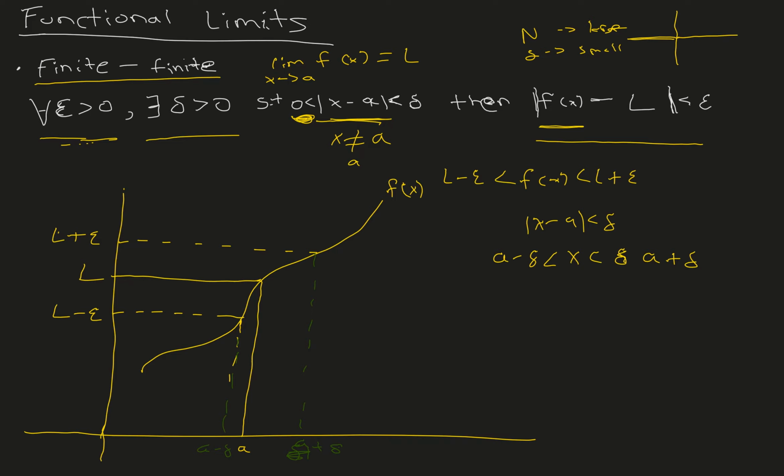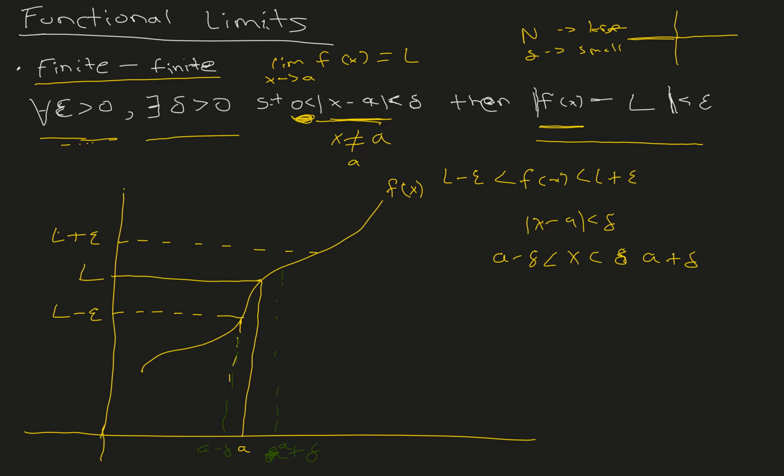Okay, let me just do that again, to make it less confusing. These should be evenly spaced out. a minus delta, a plus delta. This is a. Right. So basically this is the definition if you look at it graphically.